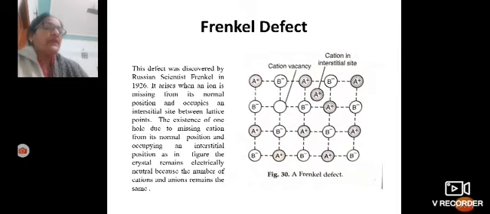The crystal remains electrically neutral because the number of cations and anions remains the same. There is a cation vacancy and a cation in an interstitial site as shown in the figure. This is a Frenkel defect.